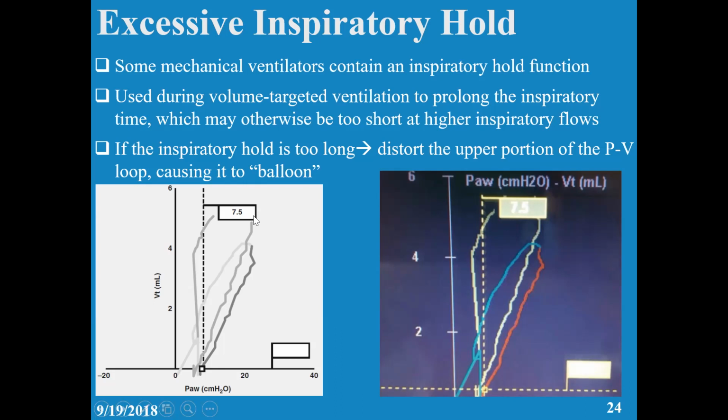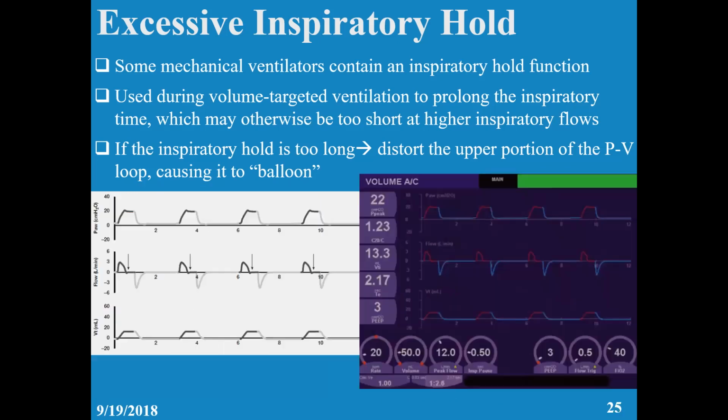So you can see disconnected. Once you see disconnected, that means the patient is holding and the hold is too long. So we're distorting the upper portion of the pressure volume loop. And that's what we call ballooning. And ballooning means you have very high flow or you have a long inspiratory time.